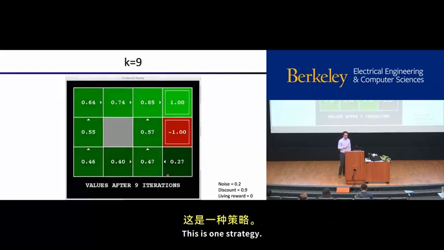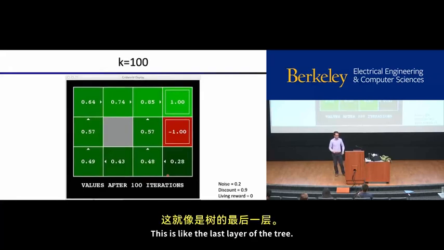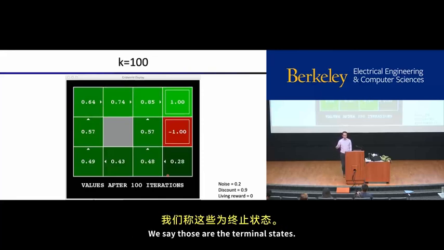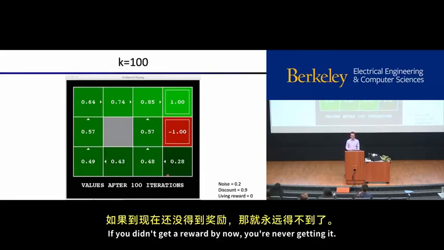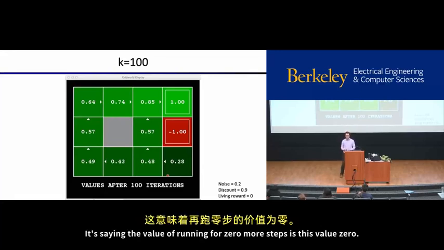And if you increase it more and more, you'll sort of average out the noise. And then if you increase it to 100 iterations, this is like after 100 time steps, what's the value of being in this state if I act optimally for all 100 time steps? And that's these values. So it kind of converges to the same values that we saw before. That's how we calculated the values from before.